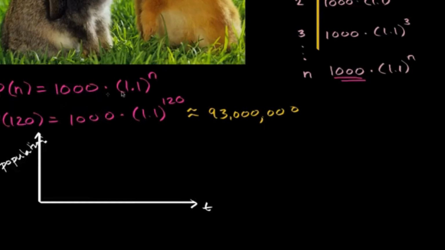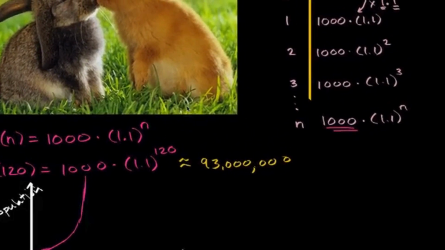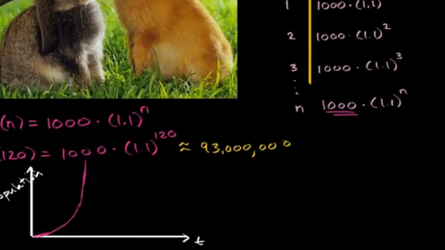This type of function, or this type of equation, this is an exponential function. And so your population as a function of time is going to look like this. It's going to have this kind of hockey stick J shape right over here. And if you let these rabbits reproduce long enough, they would frankly take over the planet if they had enough food and if they had enough space to do it.